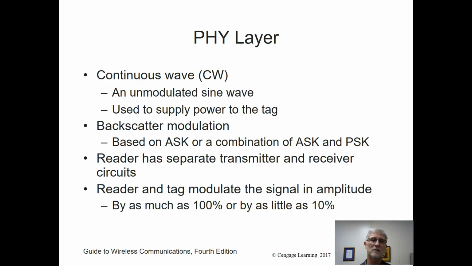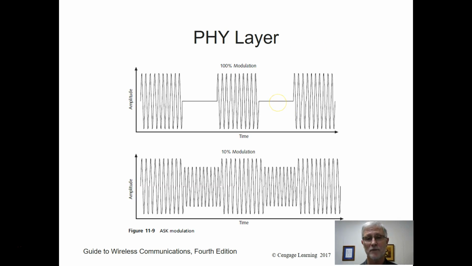Backscatter modulation uses ASK or a combination of ASK and PSK modulation techniques. The reader definitely has its own transmitter and receiver circuits. The reader can modulate, based on the signal, from 100% to as little as 10%, just a couple of different ASK modulations that could be used.